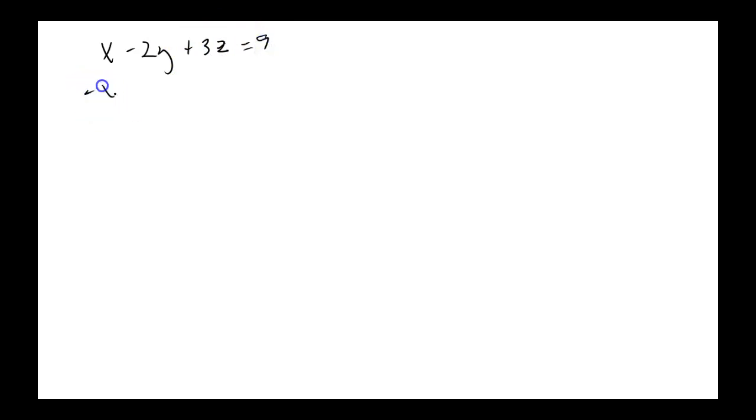Minus x plus 3y is equal to minus 4. Excuse me. 2x minus 5y plus 5z is equal to 17. Okay.